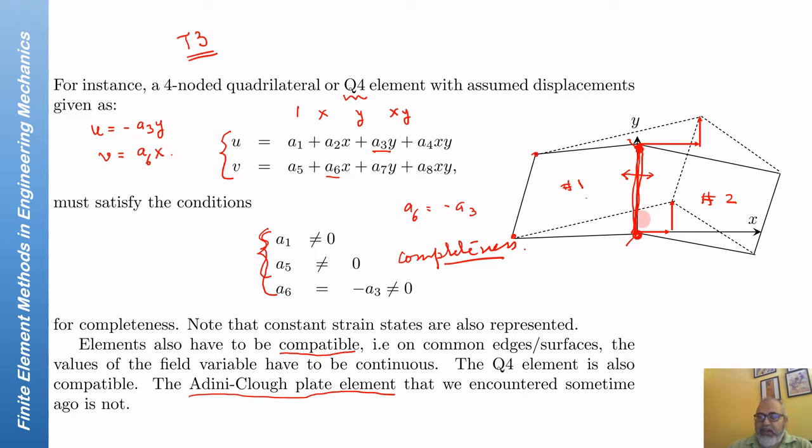So if you can ensure that the value on this boundary depends only on the nodes that make up the inter-element boundary, then you have sort of imposed compatibility in the element. So when you design a new element, keep this in mind.